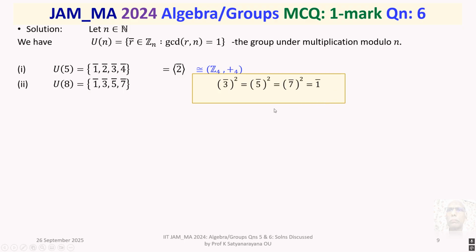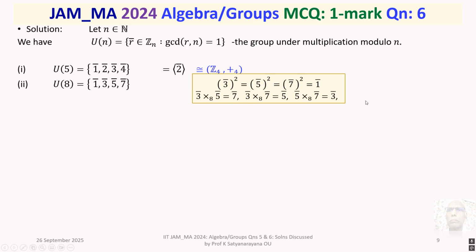And 3 multiplied by 5, 15 modulo 8 is 7. 3 multiplied by 7, 21 modulo 8 is 5. 5 multiplied by 7, 35 modulo 8 is 3. So you get these things.